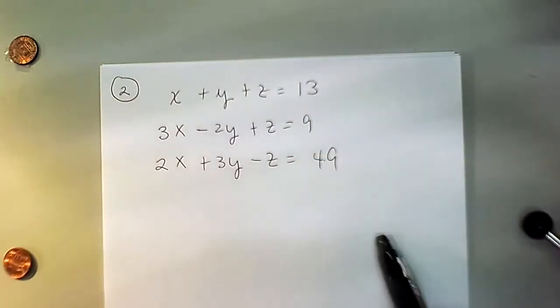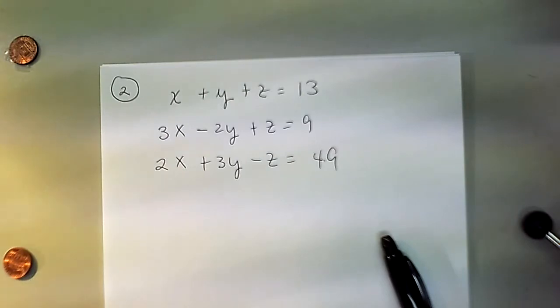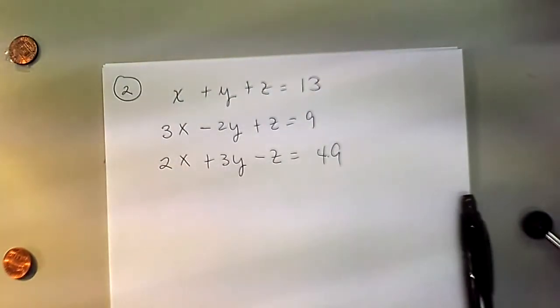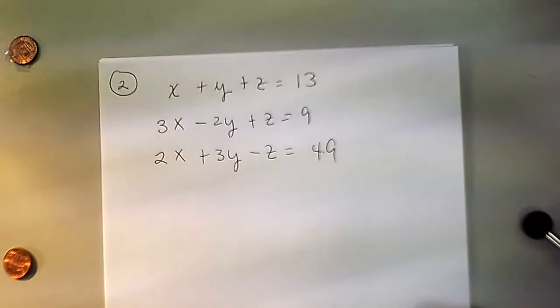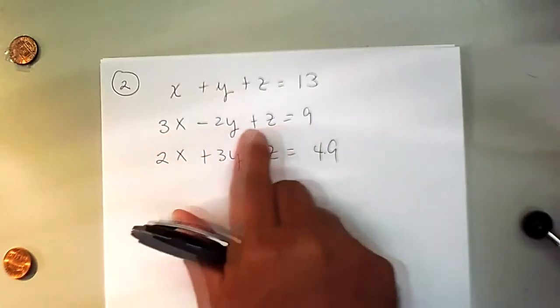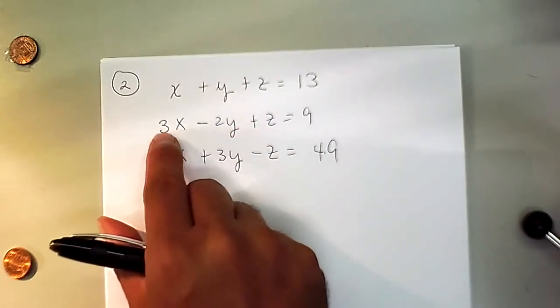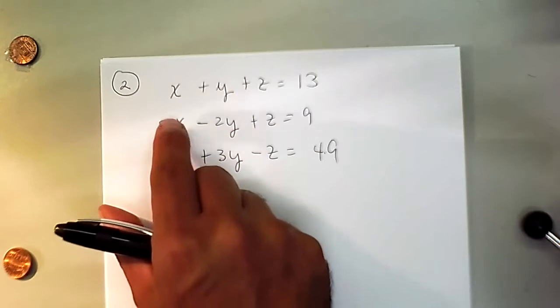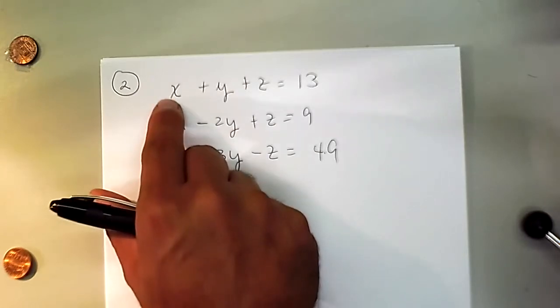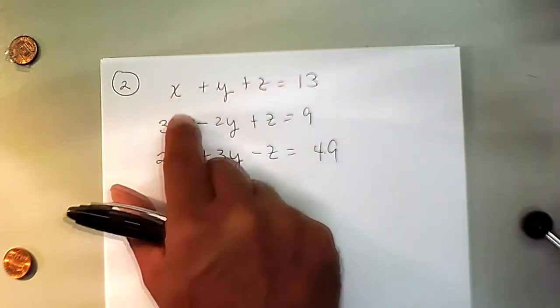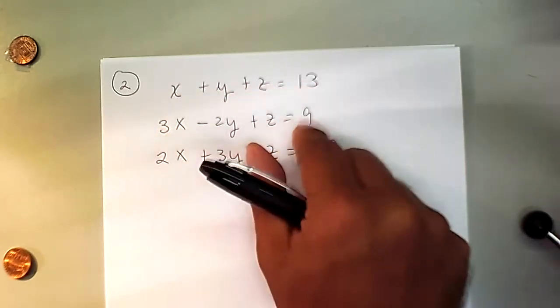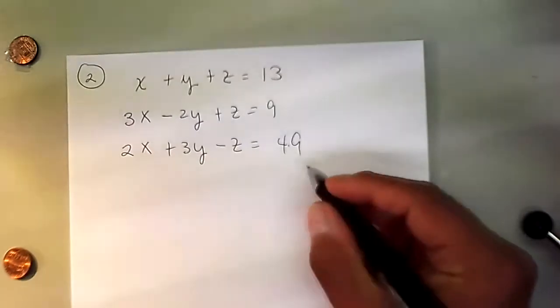All right, so we have a system of 3 by 3 equations, 3 equations and 3 unknowns, and we want to solve it by the method of elimination. And there is a very specific way of doing this. So first we eliminate the x from the second equation. The way we go about doing that is by multiplying the first equation by 3 and then subtracting that product. So I'm going to do that here on the side.